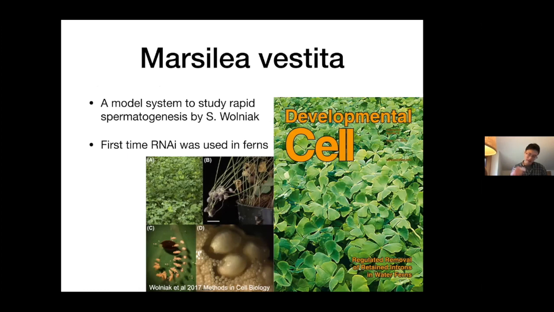Right. Marsilea vestita has been a model system to study spermatogenesis, and a lot of research has been done on this aspect. And it was also the first time RNAi was actually used in ferns. So you can actually do some genetics with Marsilea. So it's a cool species to work with.